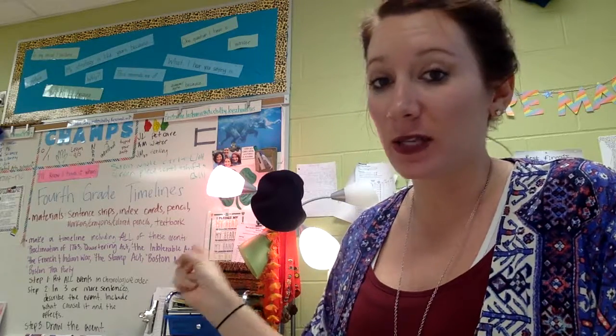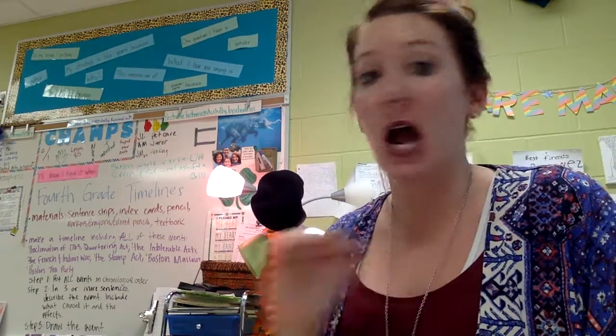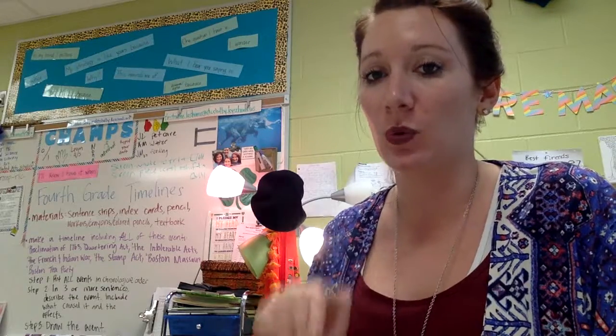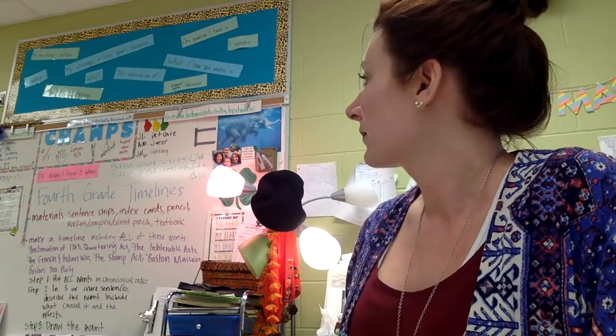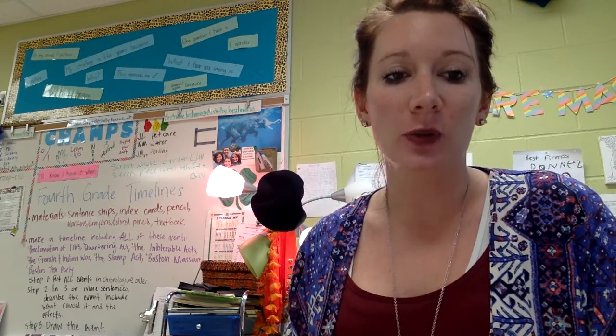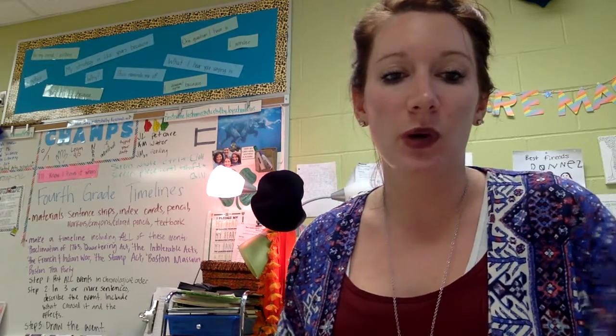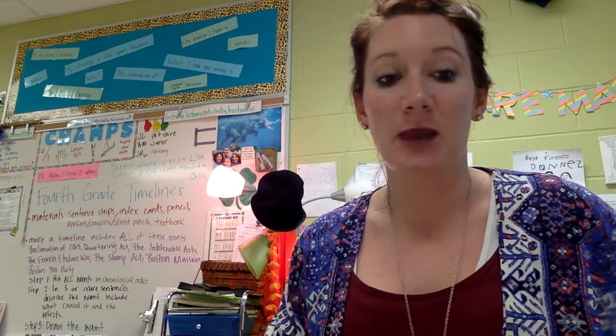There's a list of the events that you need on the board, but they are not in order. You have to put them in order. So the events you have to include: the Proclamation of 1763, the Quartering Act, the Intolerable Acts, the French and Indian War, the Stamp Act, the Boston Massacre, and the Boston Tea Party. That's 7 events. So each one of those events has to be on your timeline.